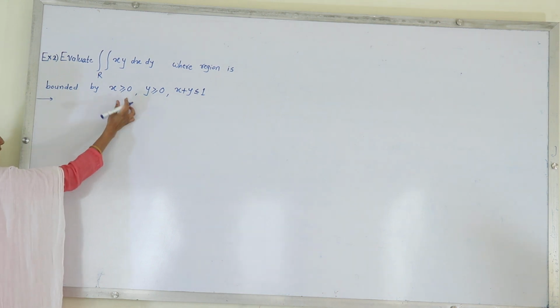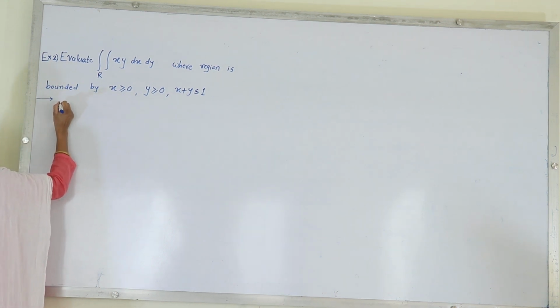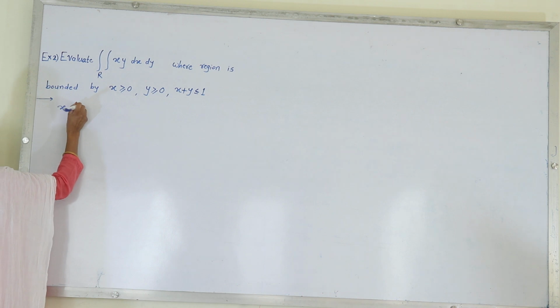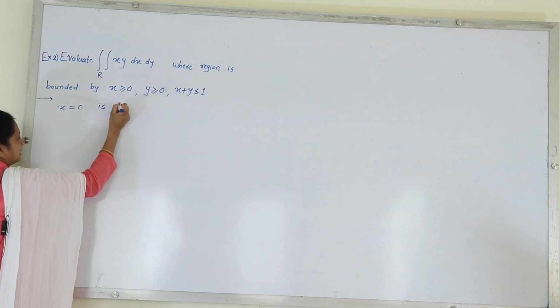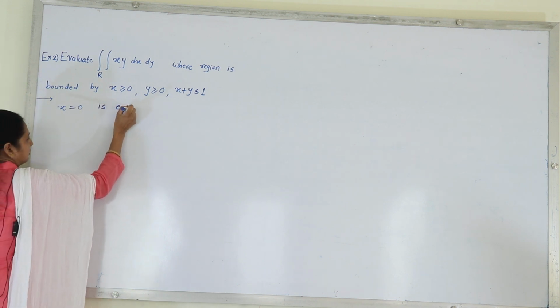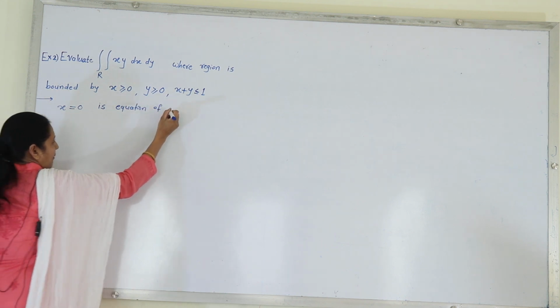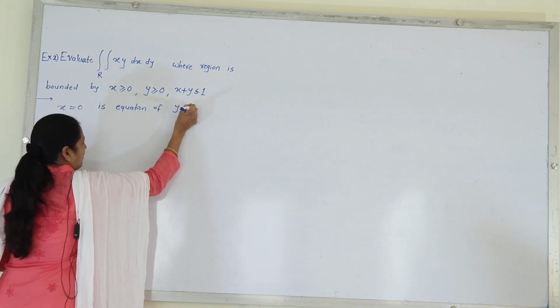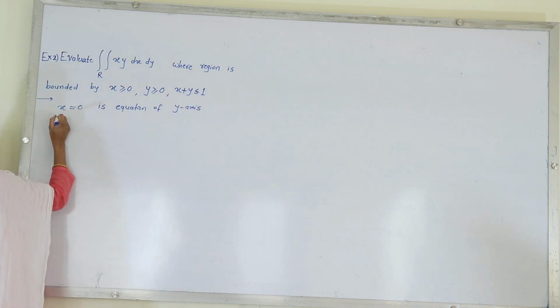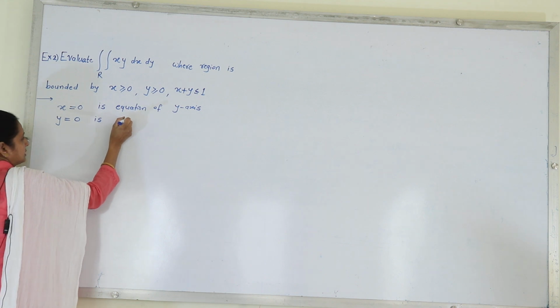For x greater than or equal to 0, suppose we take x equal to 0. That is the equation. X equal to 0 is the equation of the y-axis. Y equal to 0 is the equation of the x-axis.